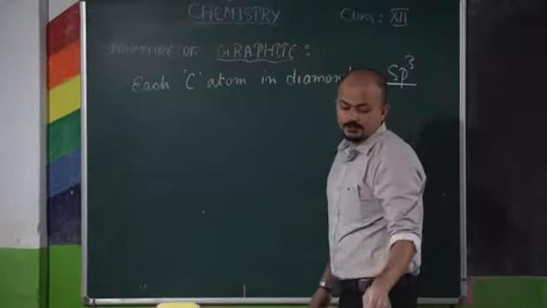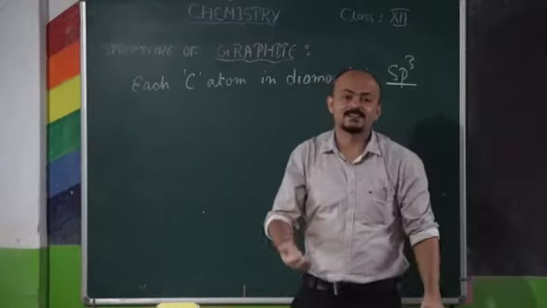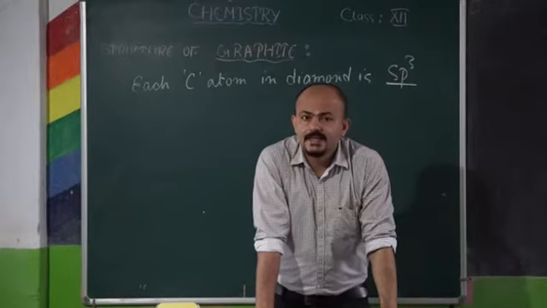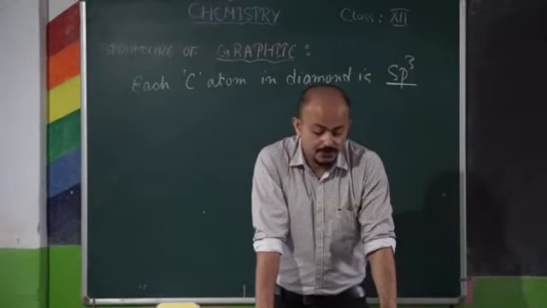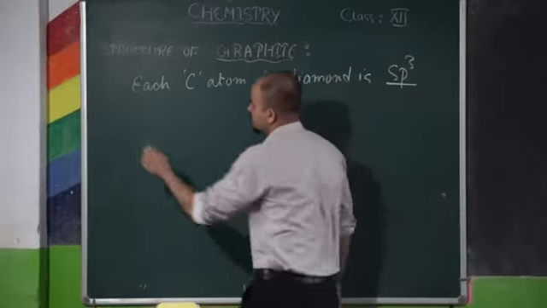You know diamond, graphite. In your lower classes, you have learned what? Graphite is a good conductor of heat and electricity. Please don't forget this point, okay? We'll be coming to that one. First, let's discuss its hybridization.